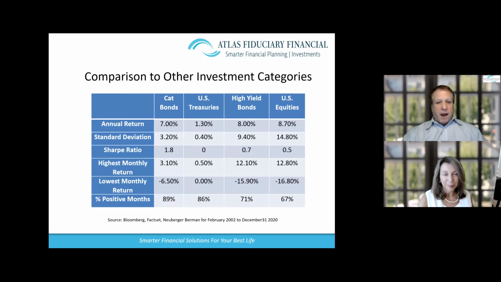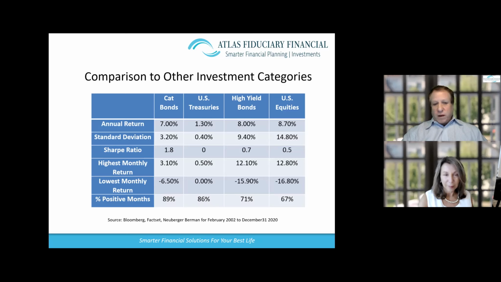And so here's a comparison of some important characteristics of catastrophe bonds in relation to some other categories that are pretty well known. All these numbers come from indices. This is not from actual investments. For example, catastrophe bonds have averaged about 7% a year from 2002 to 2020 versus treasuries 1.3, high yield bonds at 8, and US equities.